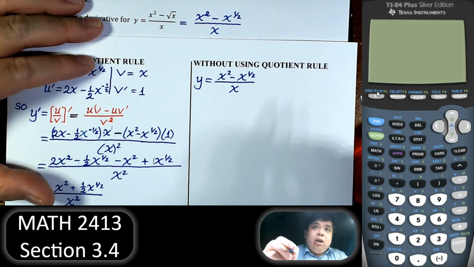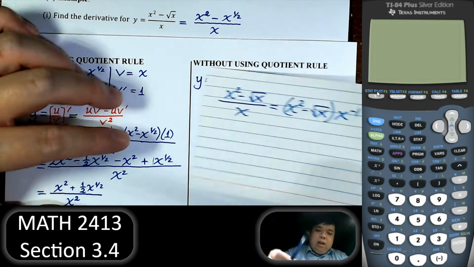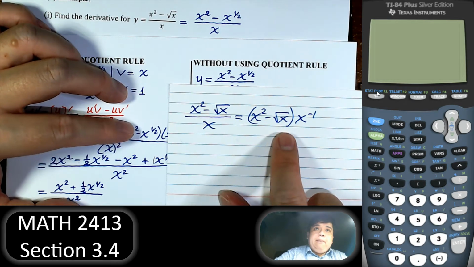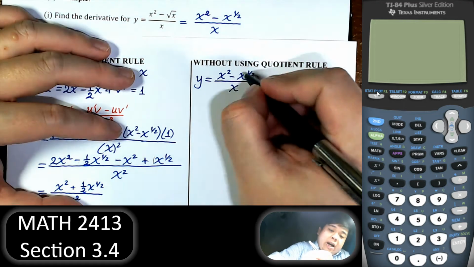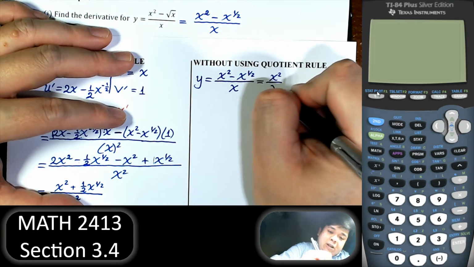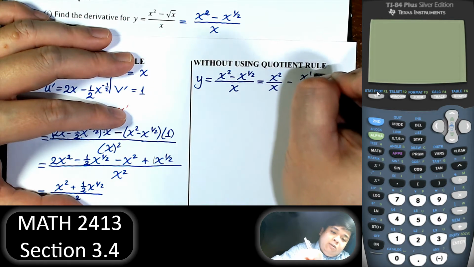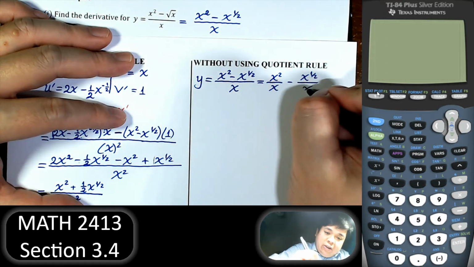Of course we can use the quotient rule, but if it is without the quotient rule, I prefer to just write it as x squared over x minus x to the 1/2 over x. So what I did there is I just split the top.